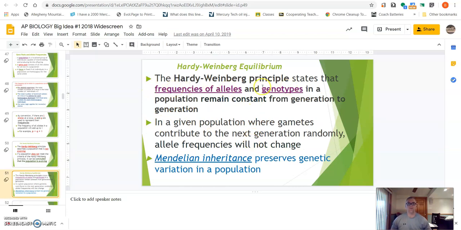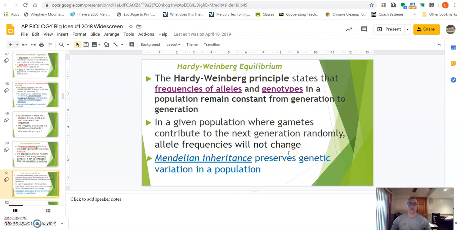The Hardy-Weinberg principle states that the frequencies of alleles and genotypes in a population will remain constant from generation to generation. A couple things: it does not say the phenotypes will stay constant. We're going to see how these can get mixed up, but it says the frequency of the alleles are going to remain constant. In a given population where gametes contribute to the next generation randomly, allele frequencies are not going to change.